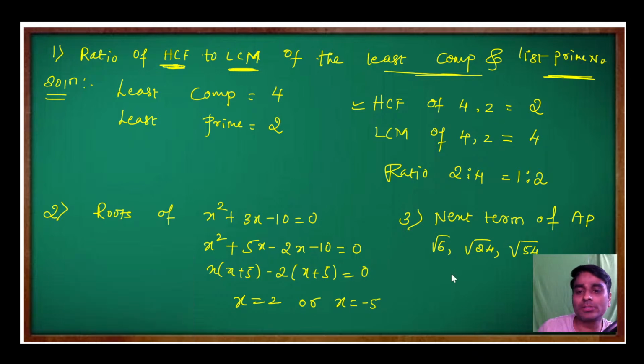Okay, I will solve, you see. Now this root 6 you keep as it is, you can't do anything. Now here I will do this like 4 into 6, and this I will do 9 into 6. Root 6, this will be 2 root 6, and this will be 3 root 6.